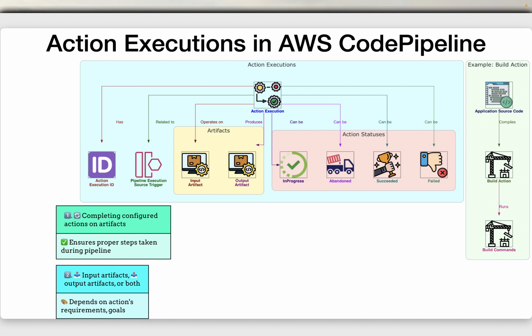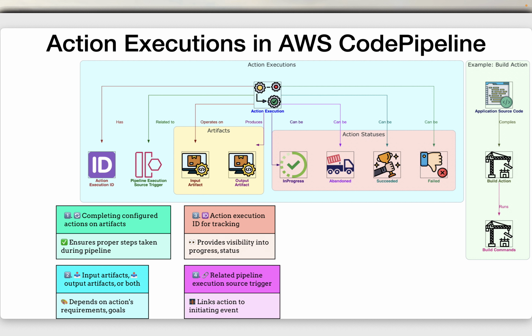Action executions can work with input artifacts, output artifacts, or a combination of both, depending on specific actions, requirements, and goals. Each action execution has a unique ID that allows for easy tracking and identification, providing visibility into the progress and status of individual actions within the pipeline.